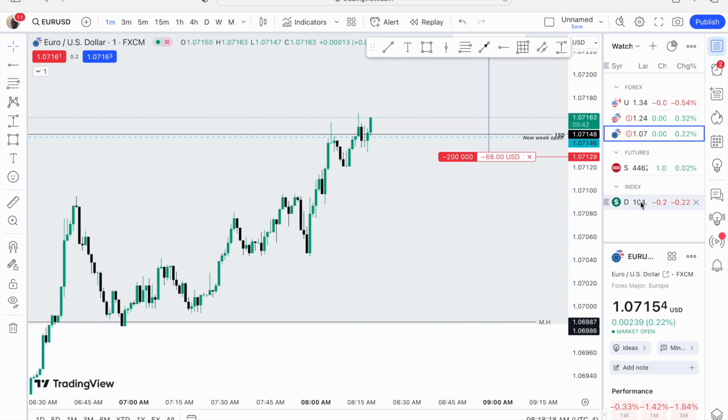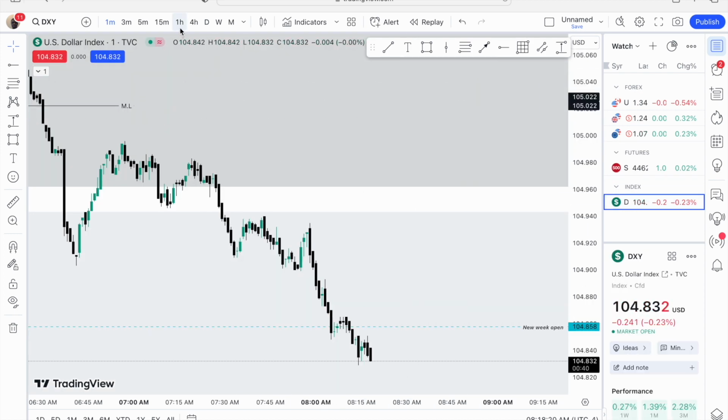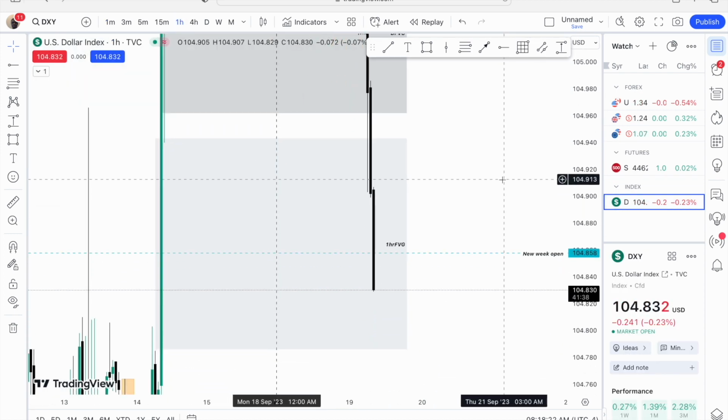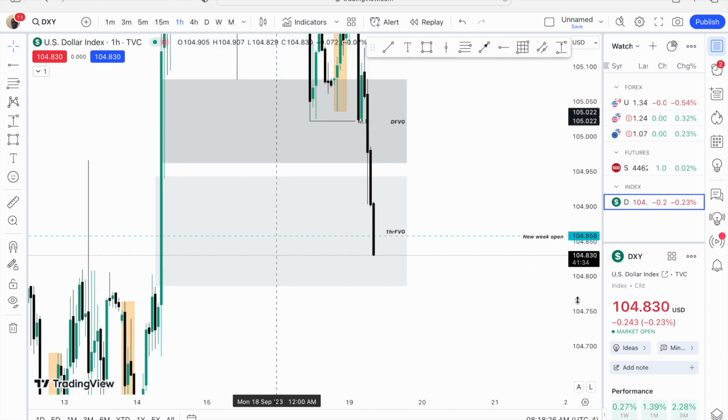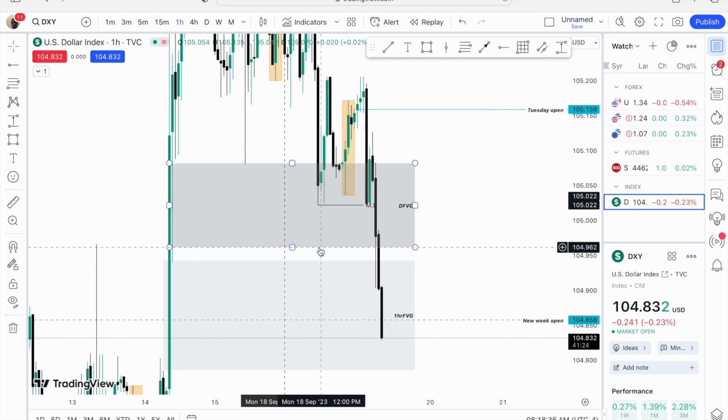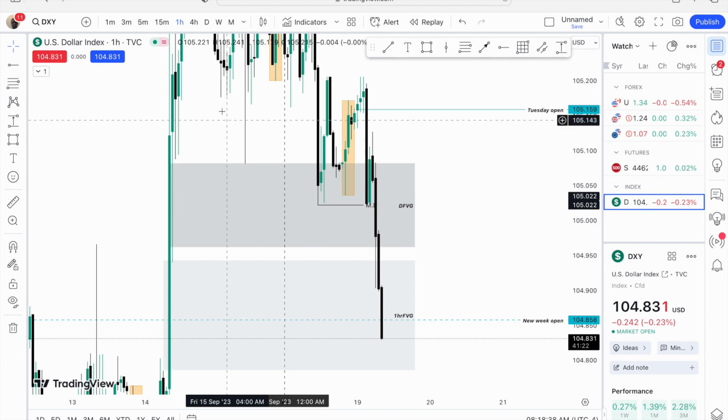Let's see what's going on with the dollar index. How bad are we selling off? Dollar index trading down into a 1 hour fair value gap and also a whole imbalance, a void of sell side on a higher time frame.